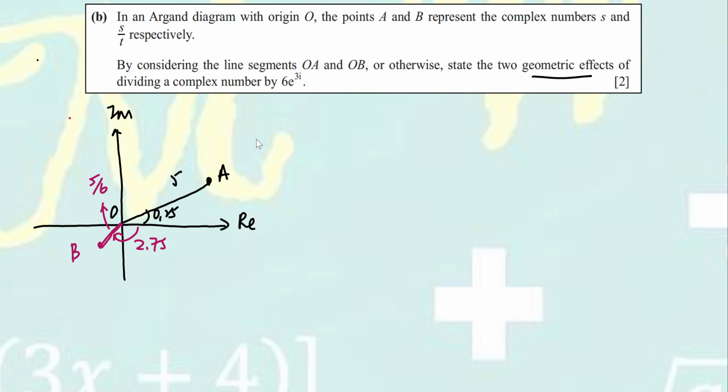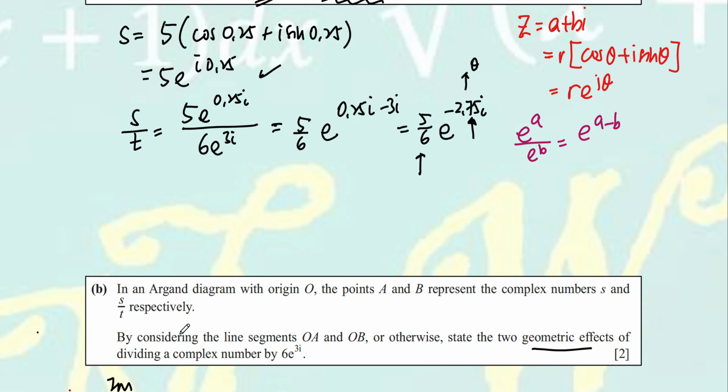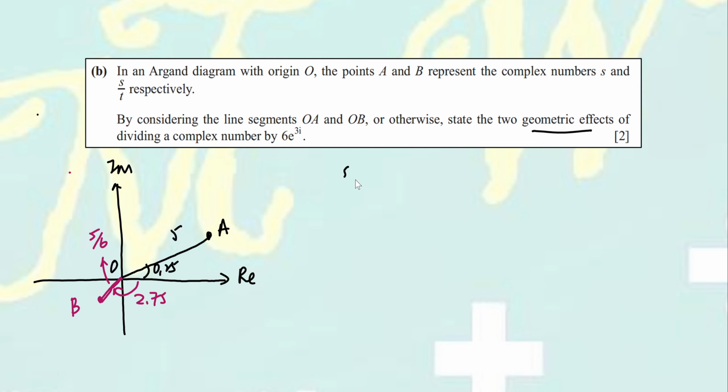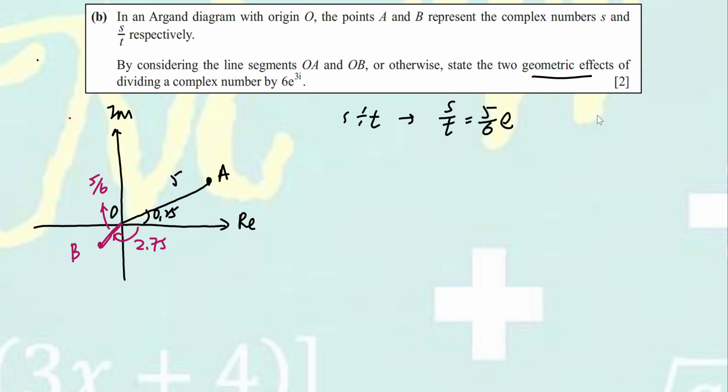So your A is s. We have done this: when s is divided by t, it becomes s over t, which is 5 over 6 e^(negative 2.75i). Basically, from A it becomes B. When you divide, you subtract the angle, so when you subtract the negative 2.75, it becomes 3 here.